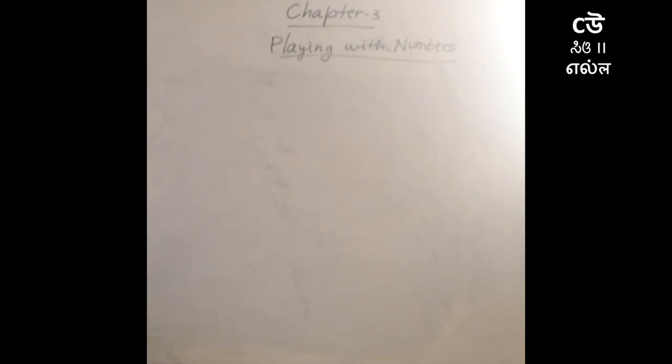He found the prime numbers and composite numbers from 1 to 100. So let us write the numbers from 1 to 100.